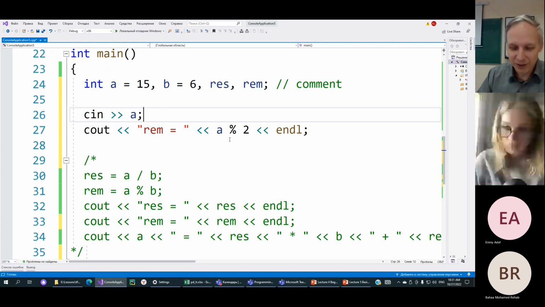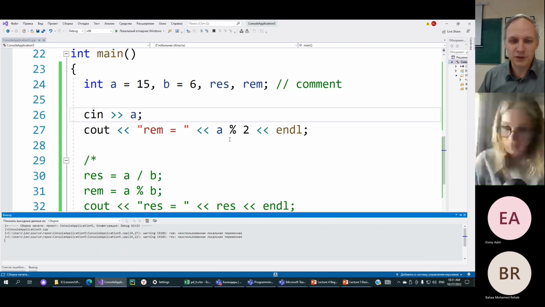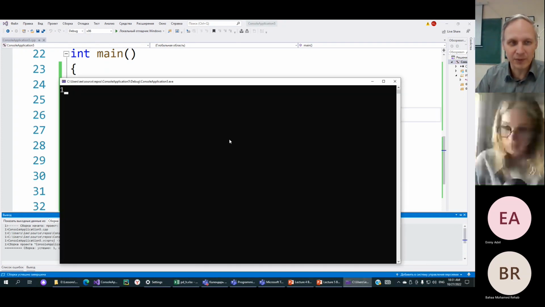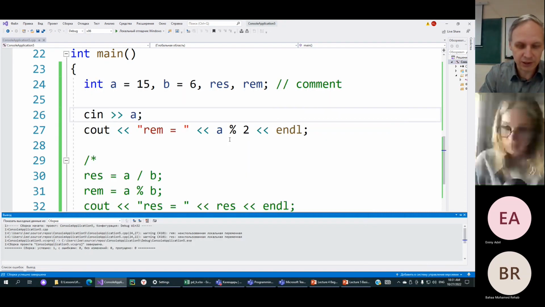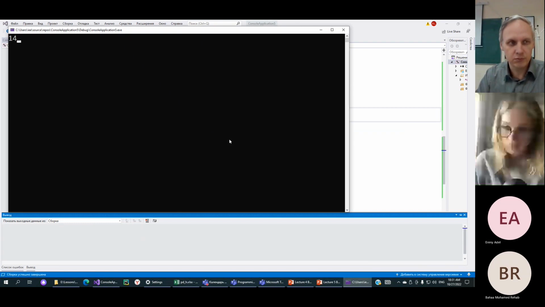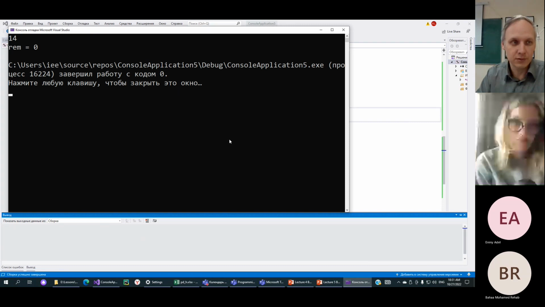Okay, suppose that I enter the number 15. What will I see on the screen? 1. Suppose that I enter 14. What will I see on the screen? 0. The remainder is 0.